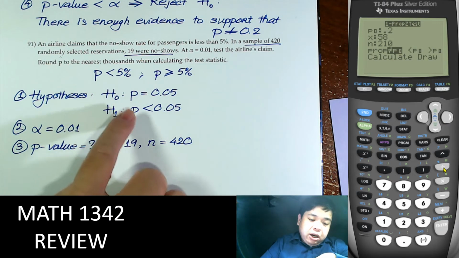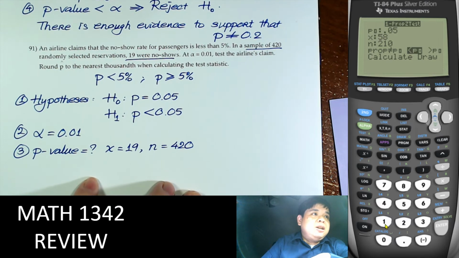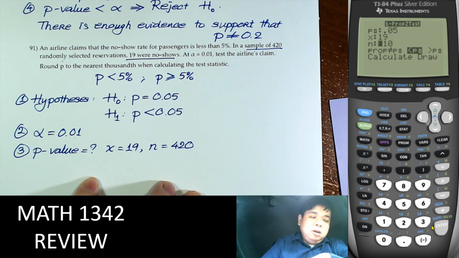First, the alternate hypothesis: the proportion is less than, so we're going to choose less than, and then 5%. X is 19. N is 420. And then we calculate.